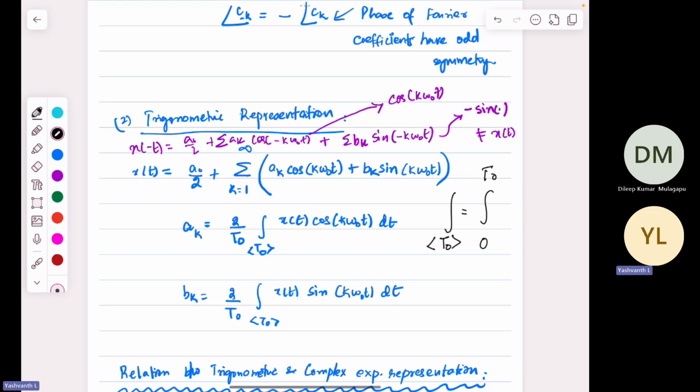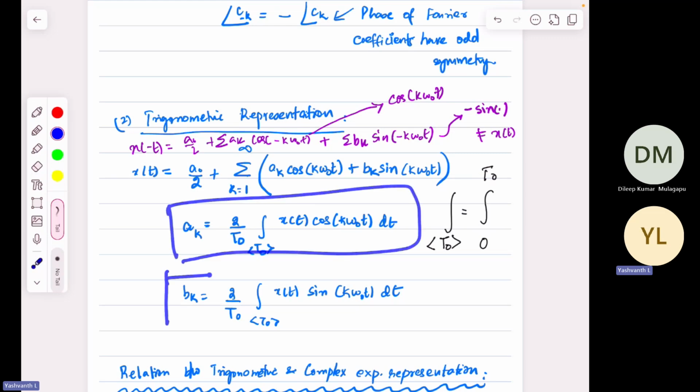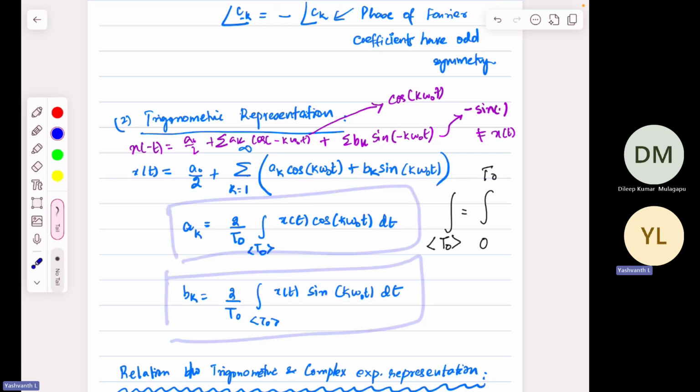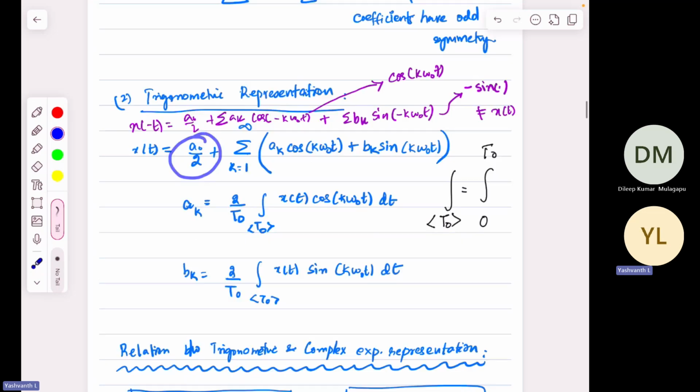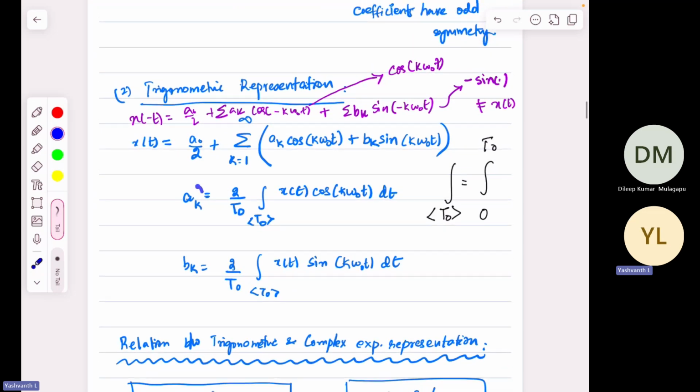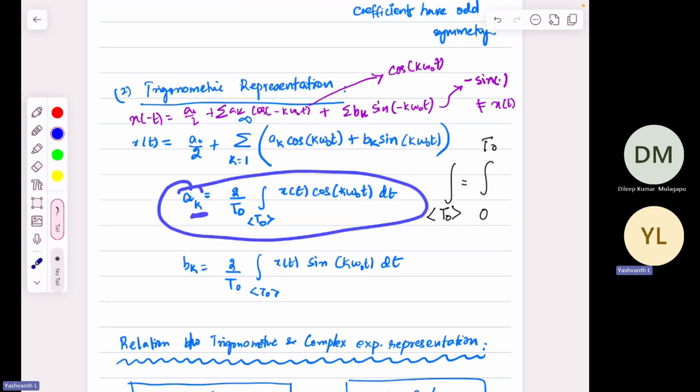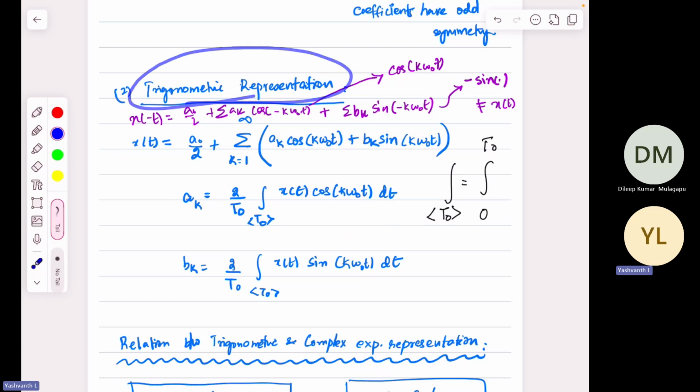So ak is given by this particular integration here, and bk is given by this particular integration here, and a naught also you can find from ak only, put k equal to 0, whatever the integral value, that is given by a naught. So basically this is a trigonometric representation of the Fourier series of a periodic continuous time domain signal.